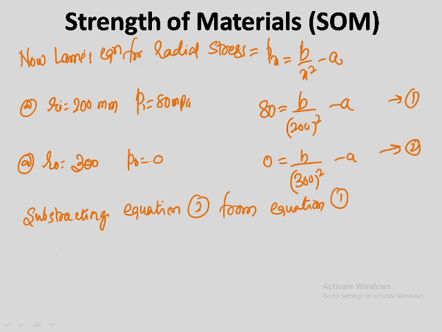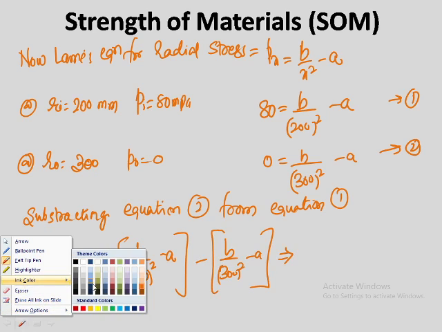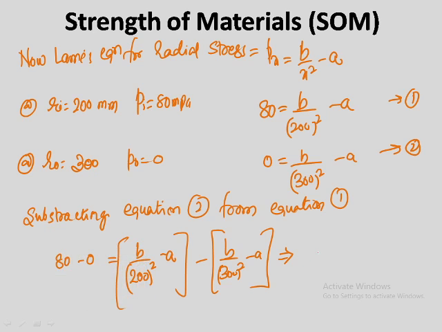So equation 1 is 80 minus 0 equal to B by 200 square minus A minus B by 300 square minus A. Now we simplify this, so 80 equal to B by 200 square minus B by 300 square.